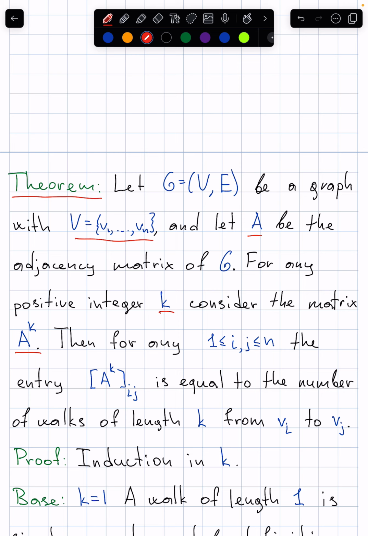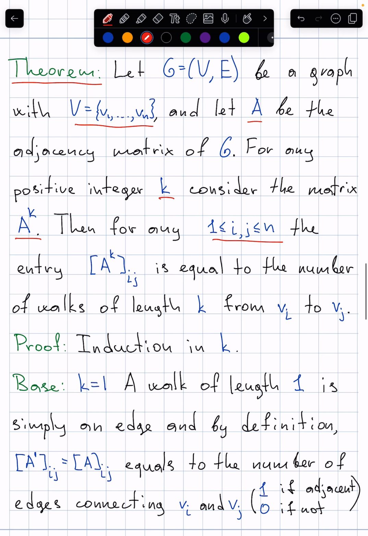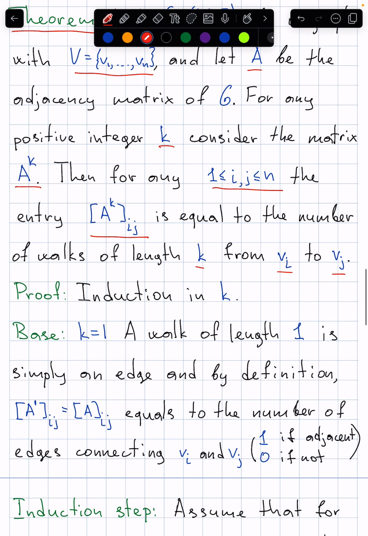Then for any indices ij, the entry of A to the k, ij, is equal to the number of walks of length k from vi to vj. For the higher powers, we count walks of higher length. For the square, it was walks of length 2; for the cube, it's going to be walks of length 3, and so on. So that's our theorem.